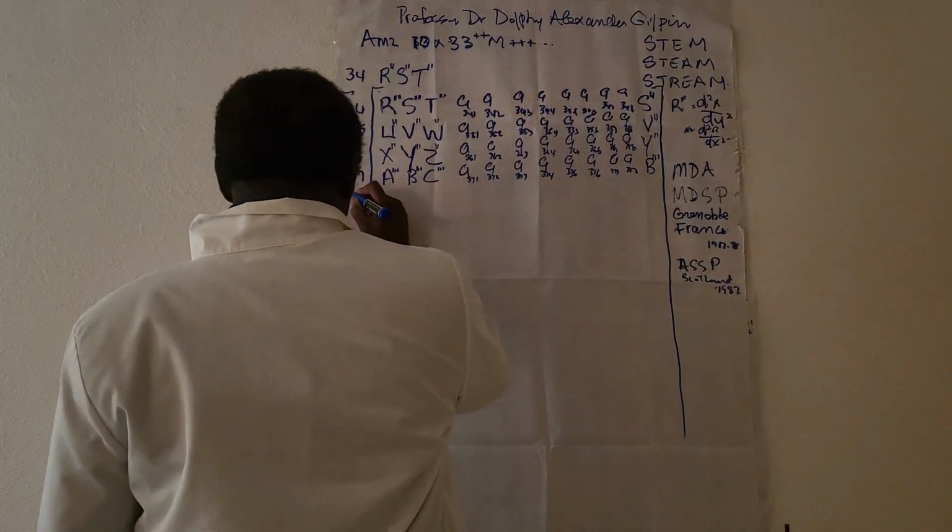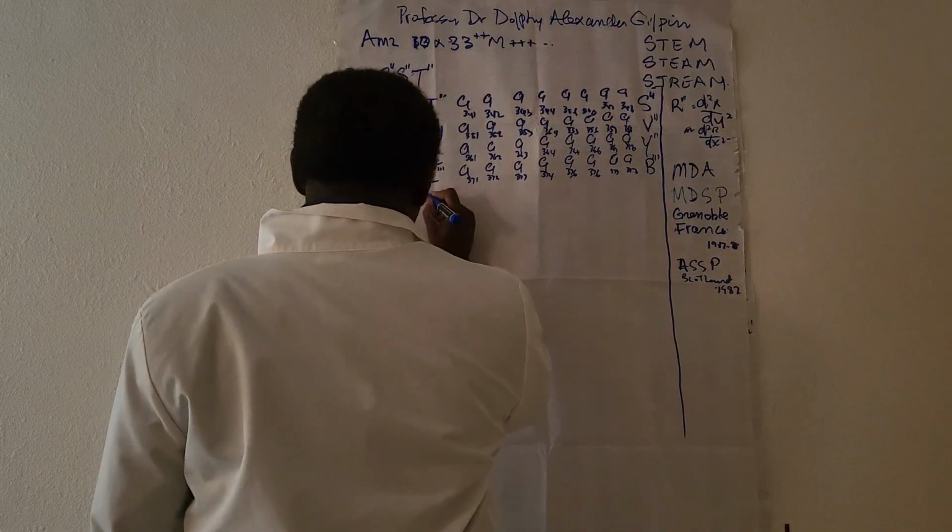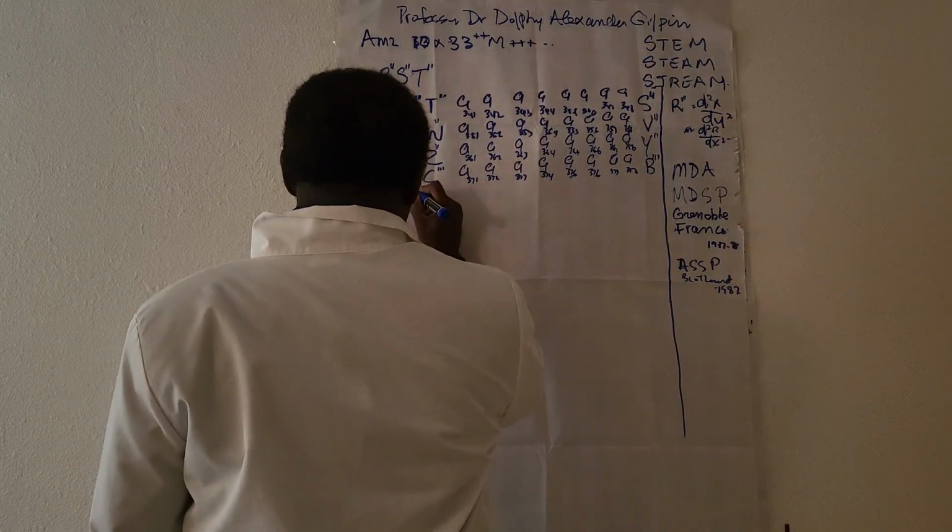And so we move on to 38, D, E, F, triple dash.